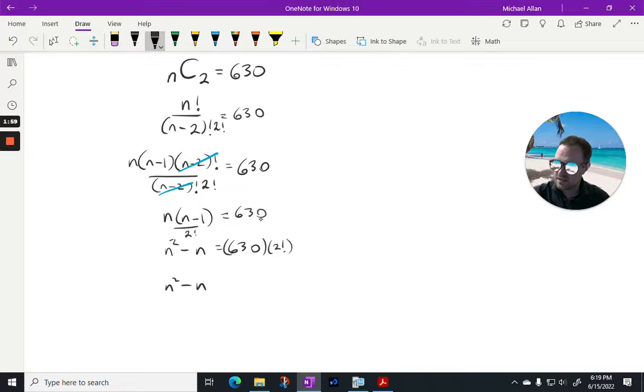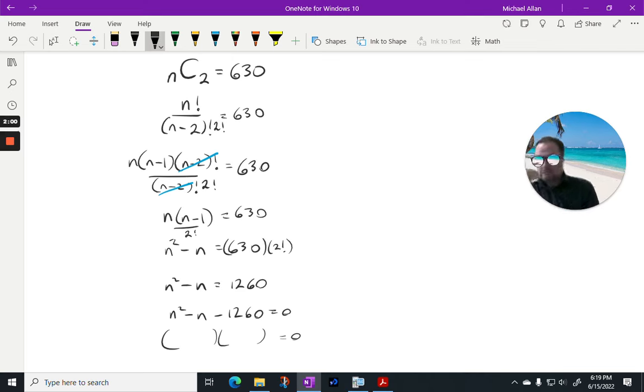Hopefully you guys caught that. 630 times 2. Number's going to get bigger, but it should be factorable at least. So n squared minus n minus 1260 is equal to 0. Now I can factor this. I don't know what that is. Let's see, 200? No. What is it, 50? No. Why did I even guess 50?